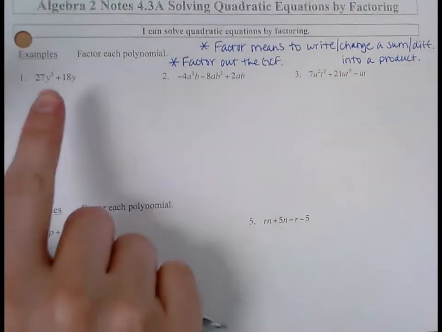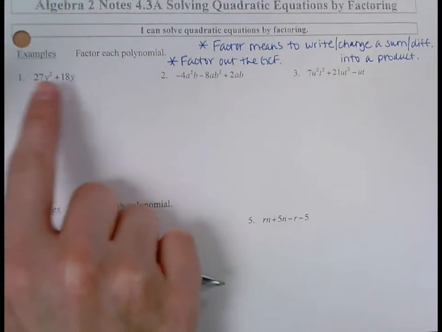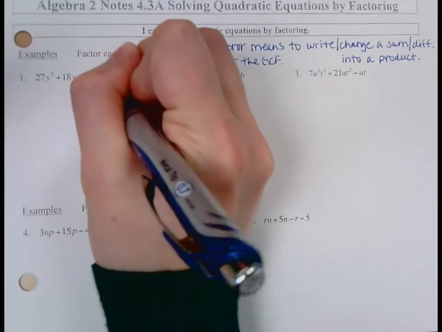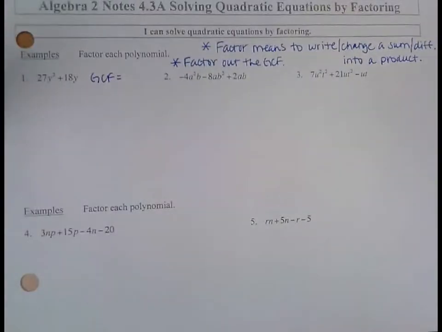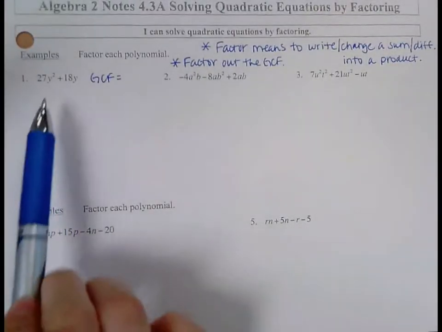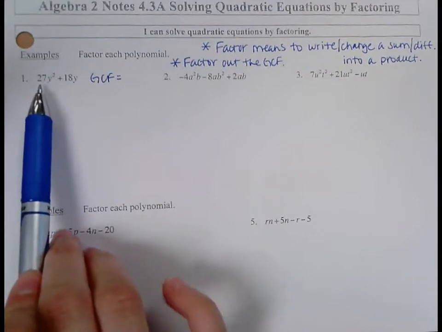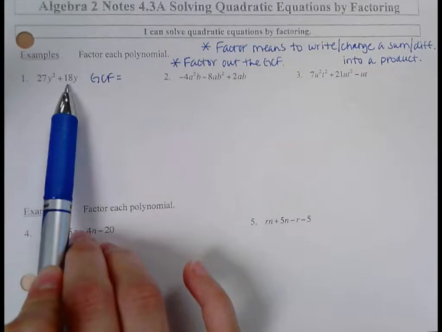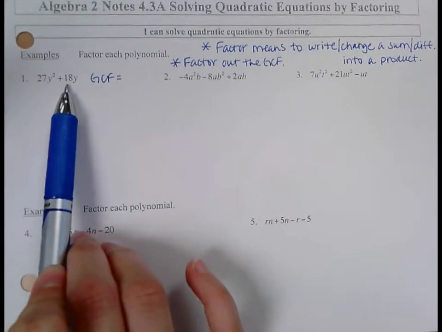So if we look at number 1, looking at the 2 terms, 27y squared and 18y, we're looking to see what's the greatest common factor. What do those 2 terms have in common? First, you can look at the coefficients, the 27 and the 18. What would be the greatest common factor for 27 and 18? 9.